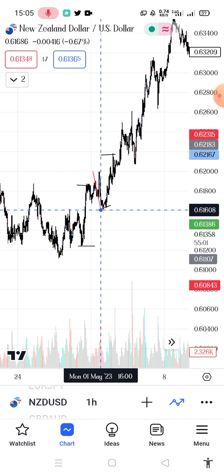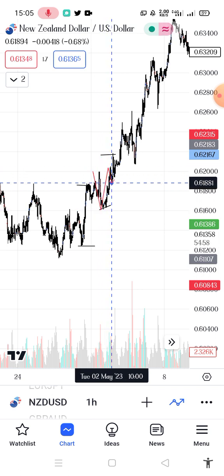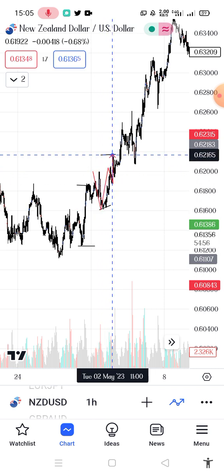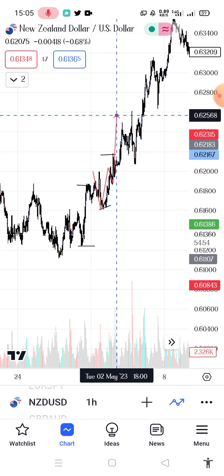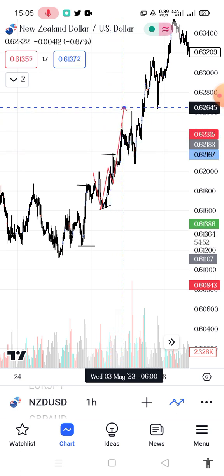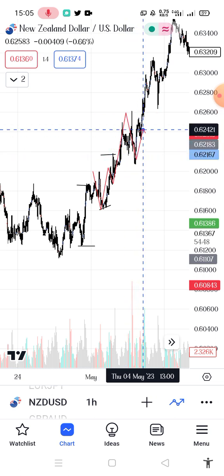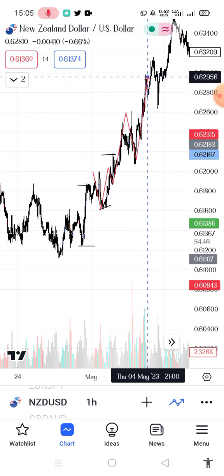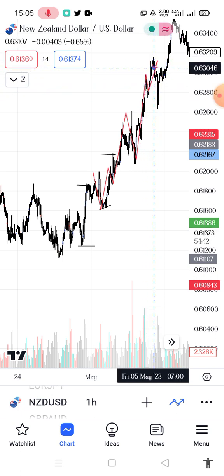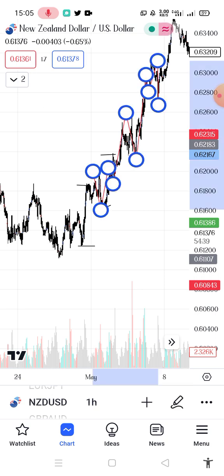Higher low, higher high, higher low, higher high. It keeps going. Higher low, higher high, higher low, higher high, higher low. So this is just basically how it moves.